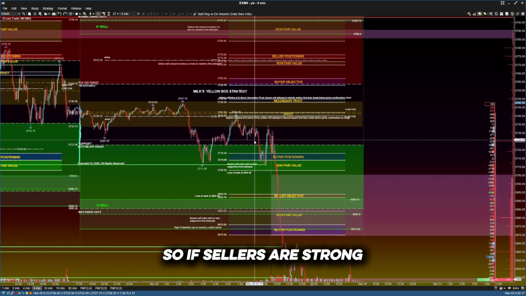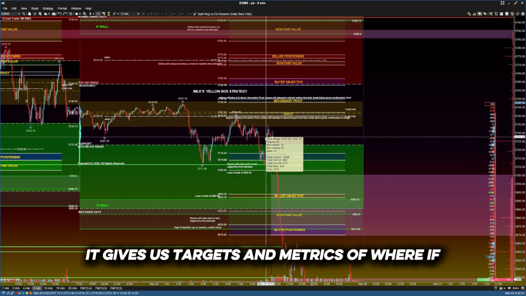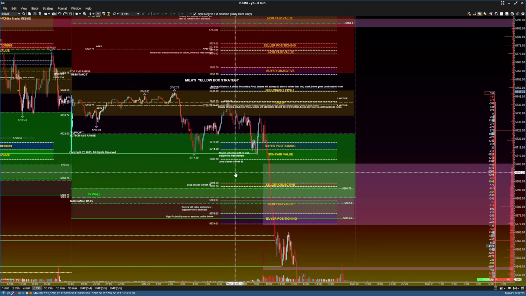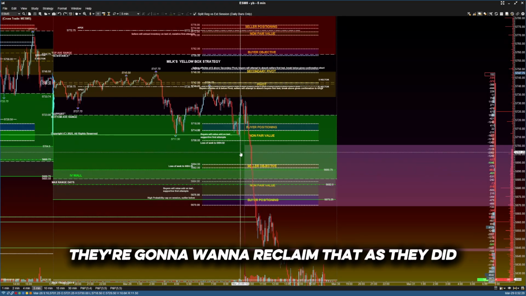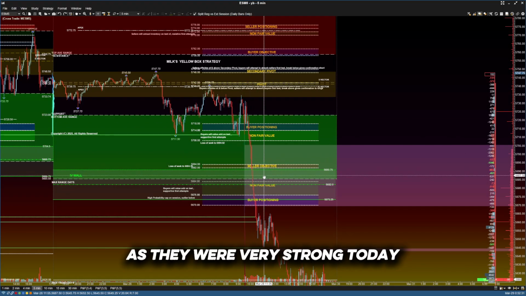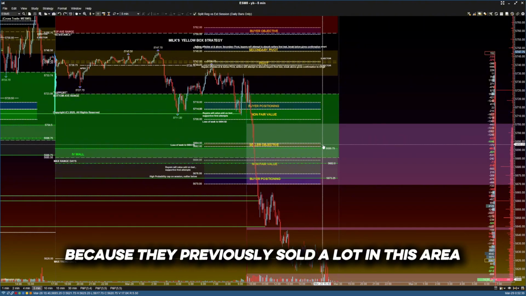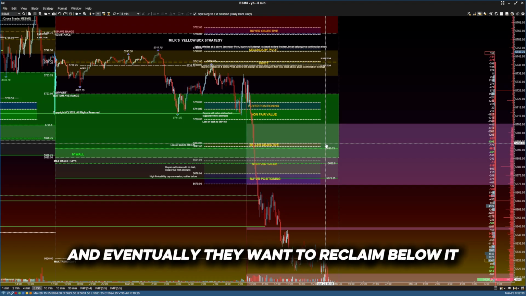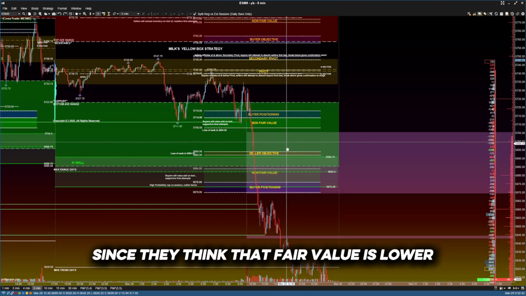So if sellers are strong, where are they going to want to take price to? It gives us targets and metrics of where sellers want to take price to, right? So this is their objective. Eventually they're going to want to reclaim that, as they did as they were very strong today. And why? Because they previously sold a lot in this area, signifying their interest in selling, and eventually they want to reclaim below it since they think that fair value is lower.